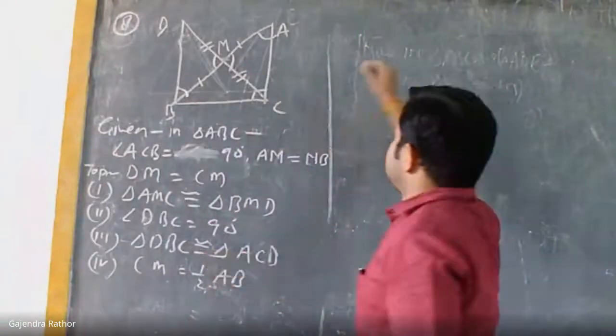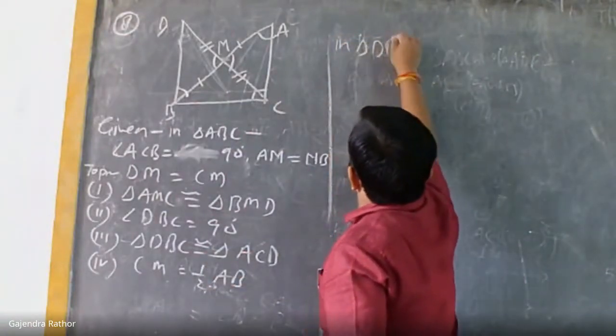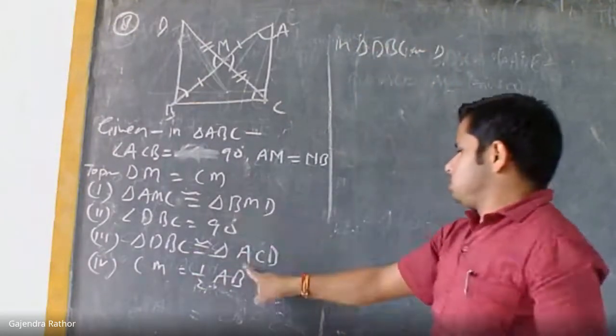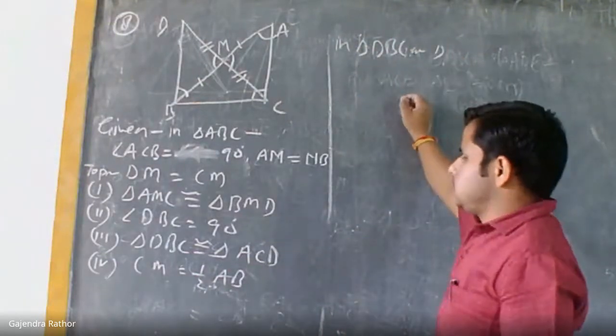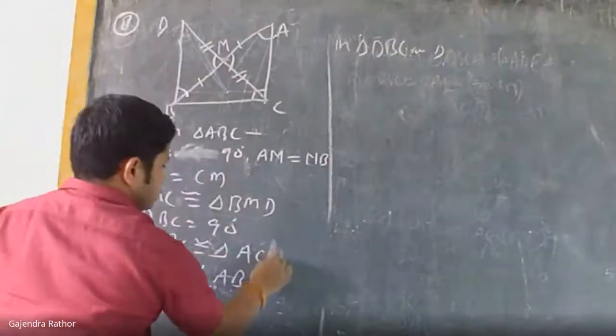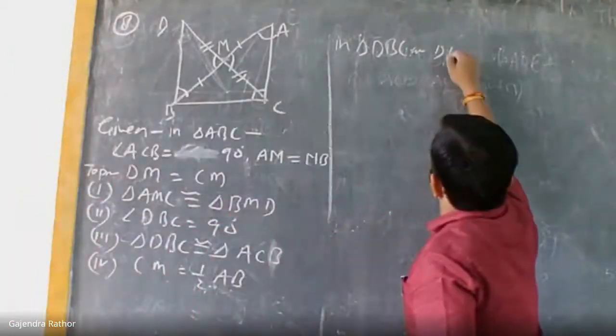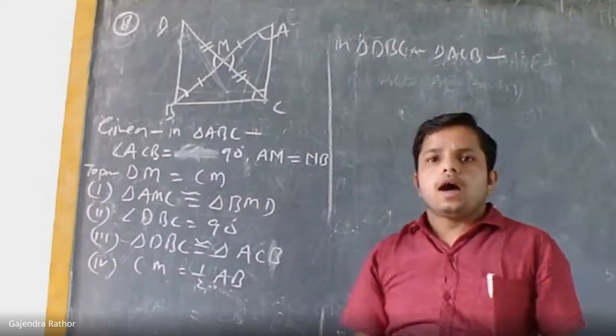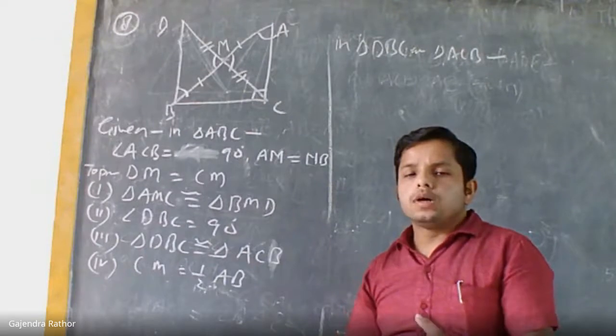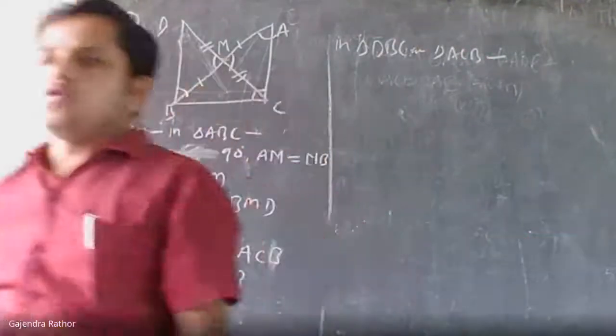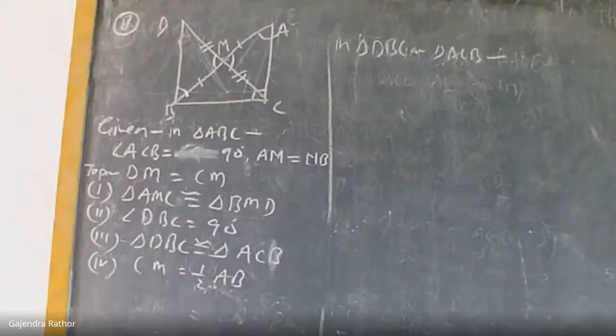In triangle DBC and triangle ACB, again identify the three parts to prove the triangles are congruent. So all of you identify and reply the three parts. I am waiting for your response. Okay, DB is equal to AC, angle DBC is 90 degrees, BC is equal to BC, common.